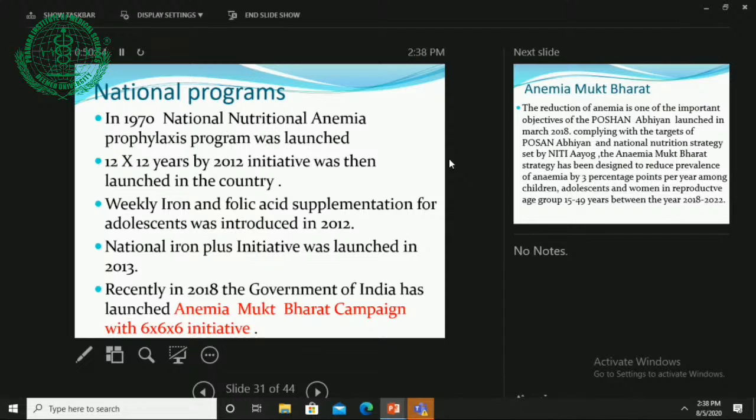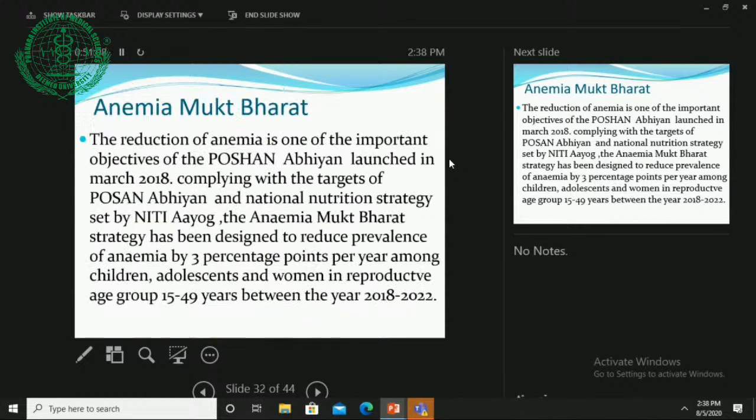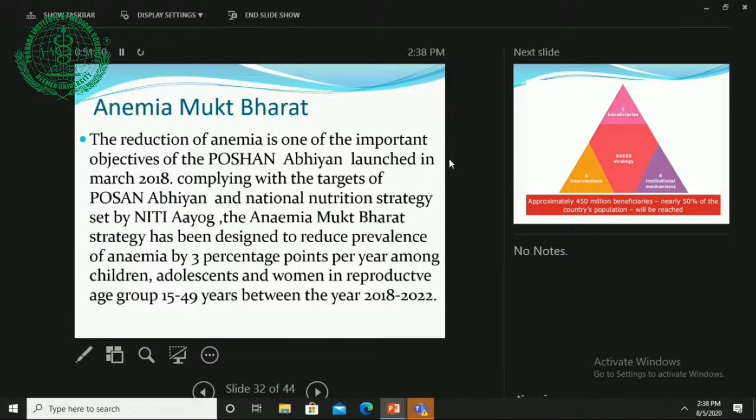So recently in 2018, the Government of India has launched the Anemia Mukt Bharat campaign with the 6 by 6 by 6 initiative. I will tell you in detail what the 6 by 6 by 6 initiative is. In short, the reduction of anemia is one of the important objectives of Poshan Abhiyan, which was launched in March 2018.